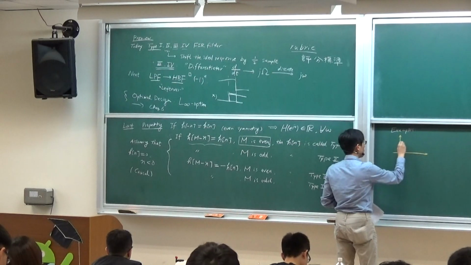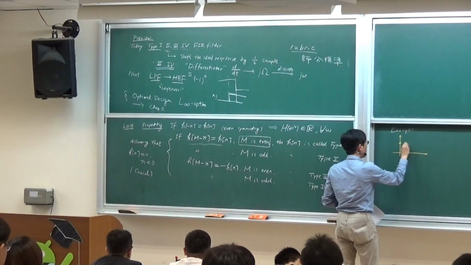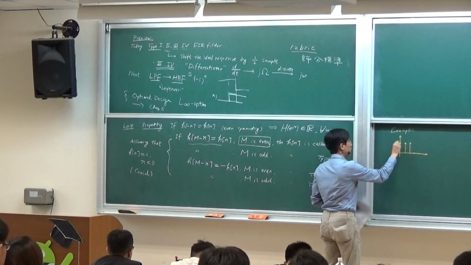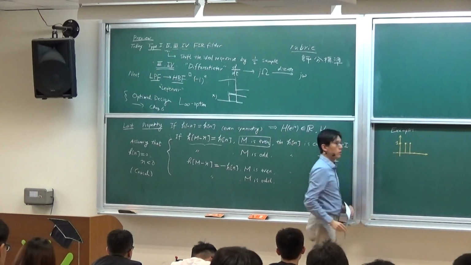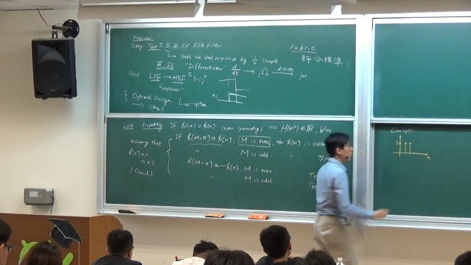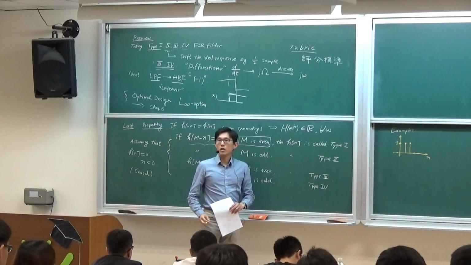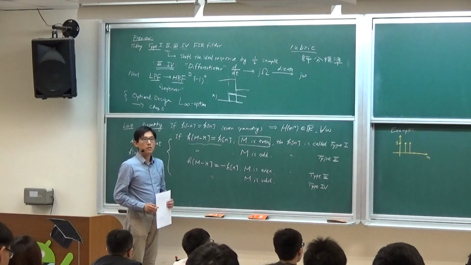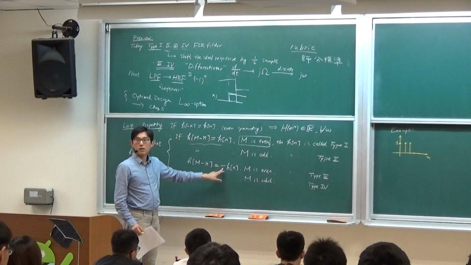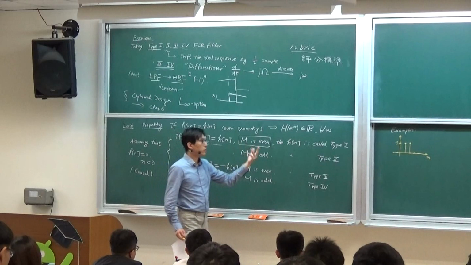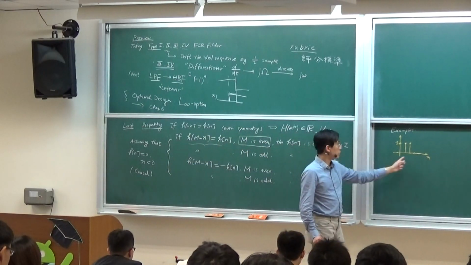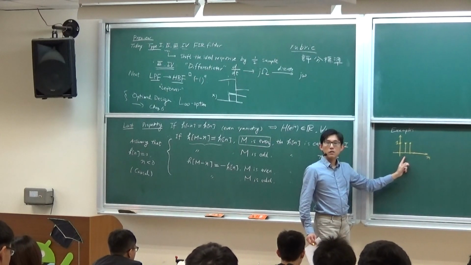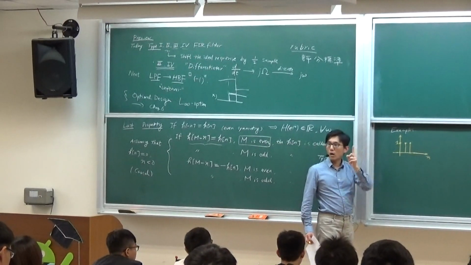Or maybe let me ask you: if we have this example, and everywhere else is 0, and we have 1 on top, can you tell me which type this is? 1, 2, 3, or 4? First of all, there's no minus sign, right? The symmetry is left to right, it's not anti-symmetric. So it's either type 1 or type 2. Type 1, okay.